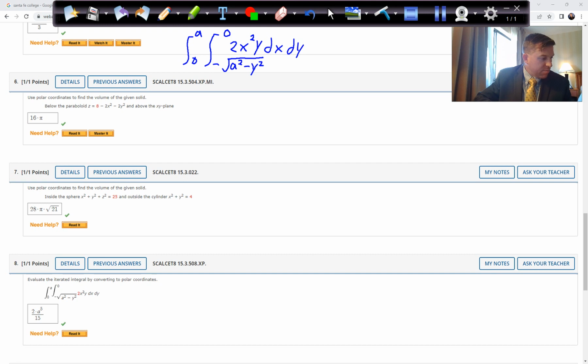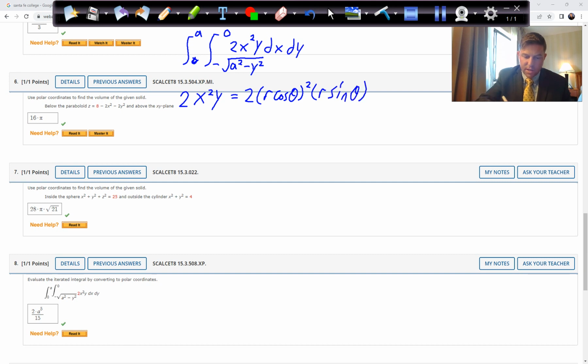Okay, now we want to put this in polar coordinates. So 2x squared y is going to equal 2. X is really r cosine theta, but we're squaring it. And y is really r sine theta.